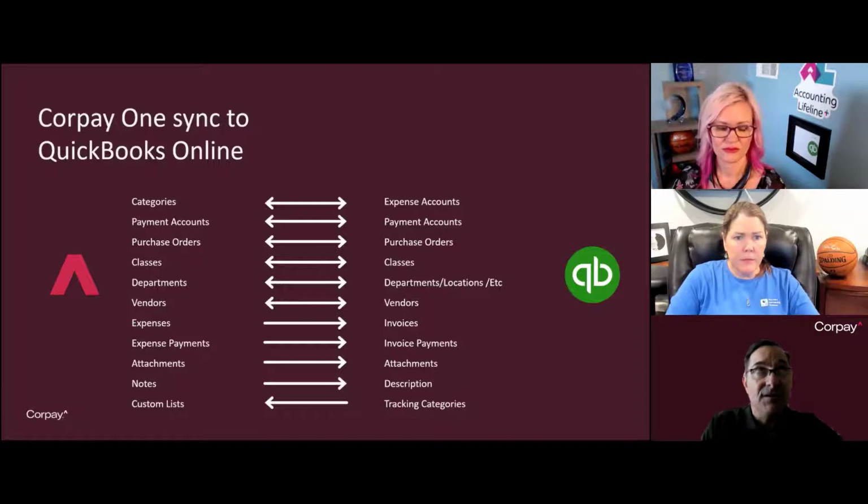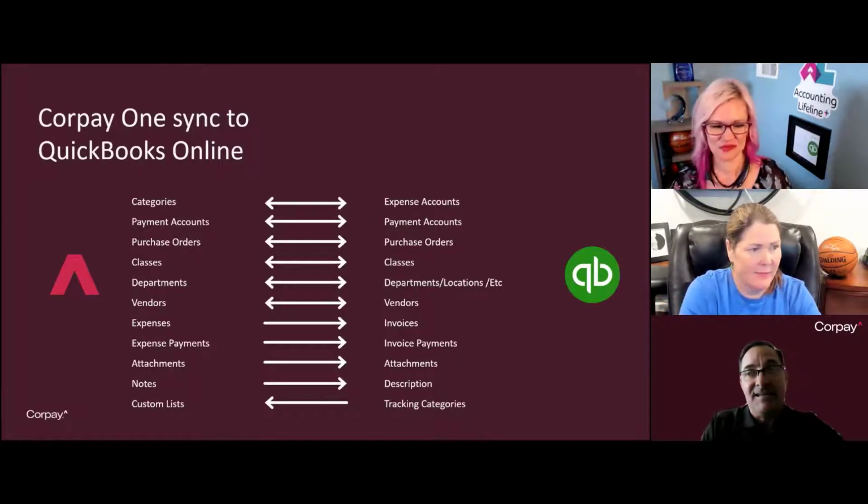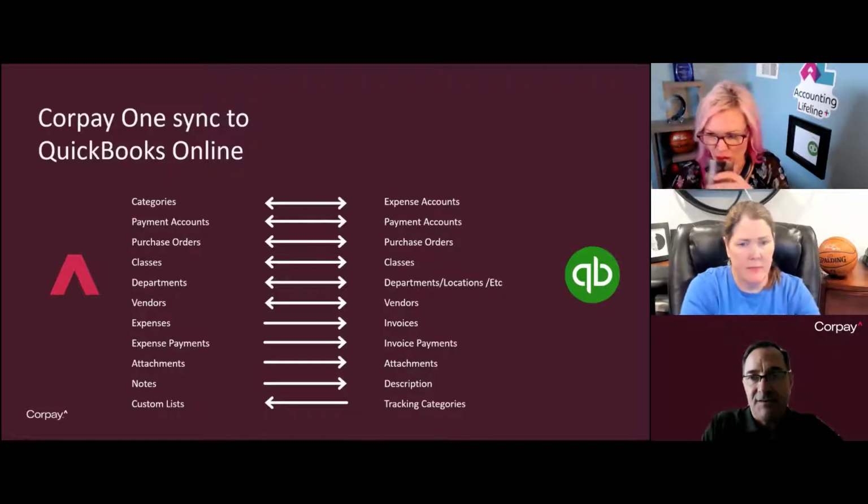We actually do push the documents right back into the accounting systems. So you may not need an additional document capture service to get them in two places, or rely on a link and opening up another system.